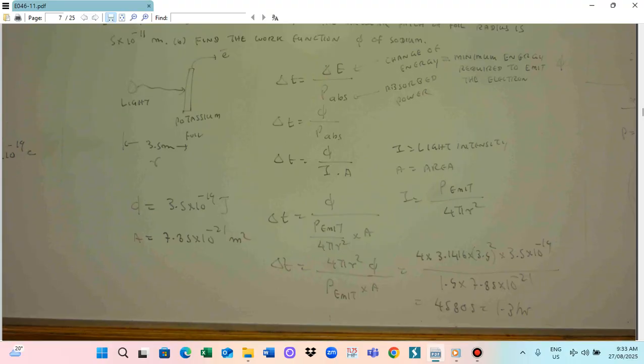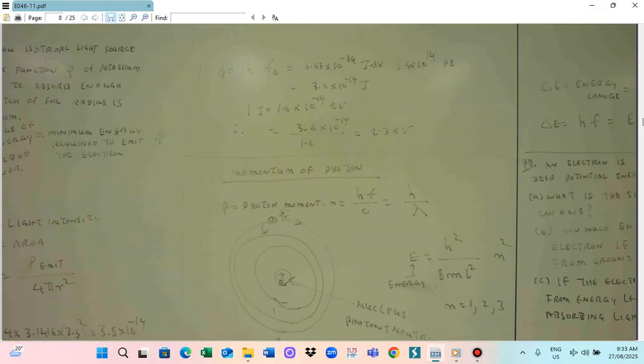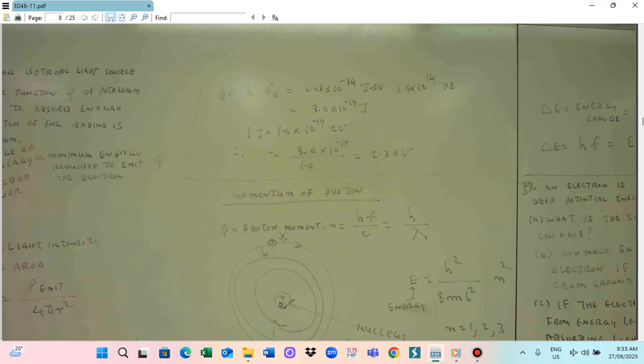And then we also have to calculate the phi value. The phi value again has the formula h into f0. Here h is the Planck constant, 6.63 into 10 power minus 34 joule second, and f is the frequency of the wave. The frequency of the light wave is usually taken as 5.5 into 10 power 14 hertz. By solving this, phi is 3.6 into 10 power minus 19 joule.